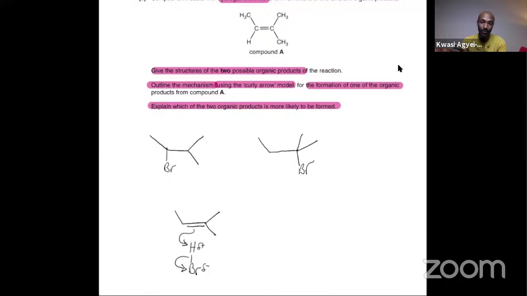And then we've got our carbocation intermediate, which is, in this instance, going to be the tertiary carbocation. Okay, so going to form this and a Br minus ion, and then the charge is conserved. And then finally our product.